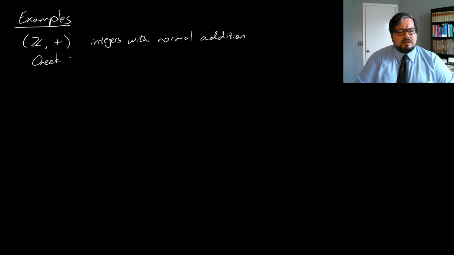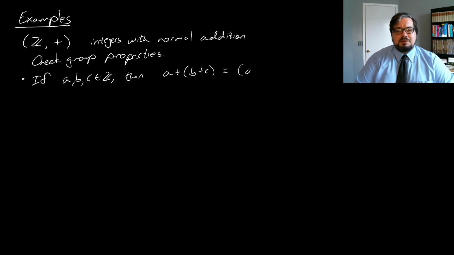Let's check the group properties. So first, if a, b, and c are all integers, then (a + b) + c equals a + (b + c), since, well, we already know that addition of integers is associative.